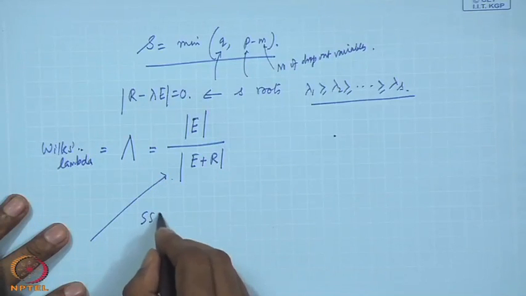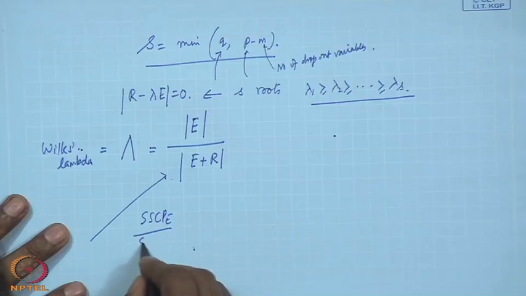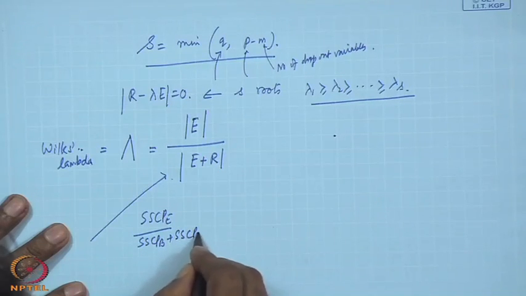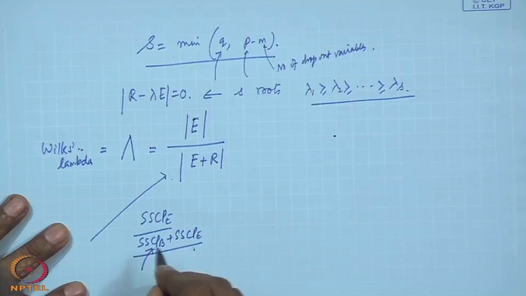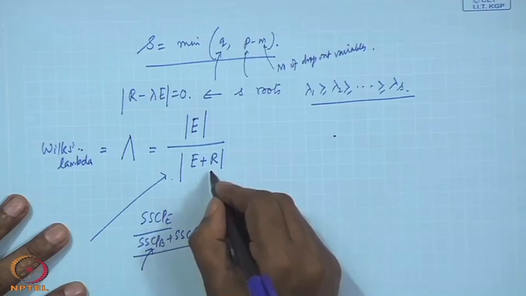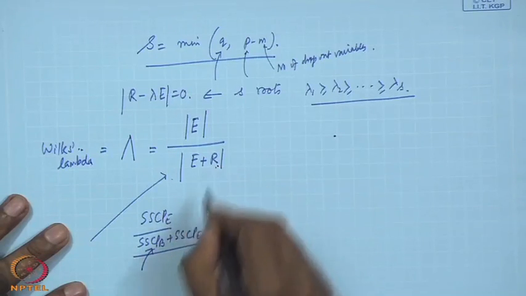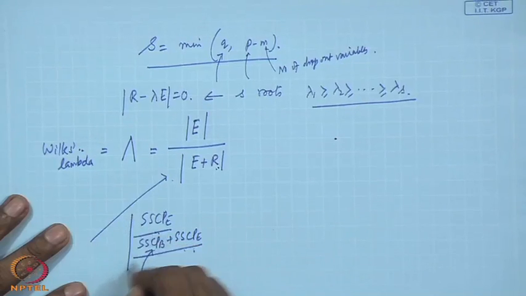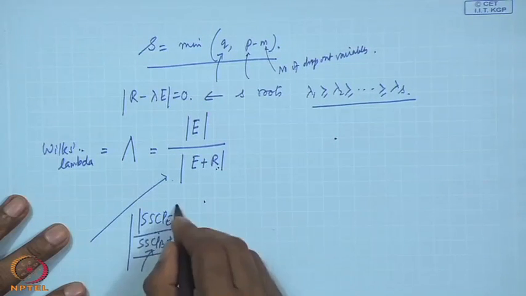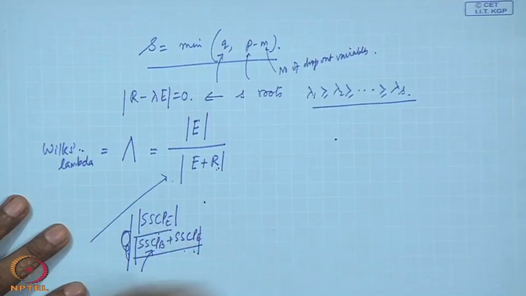Wilks lambda is SSCPE divided by SSCP between plus SSCPE. Now this between means population contribution, similar to regression contribution and error. So the determinant of this divided by the determinant of this we have computed there.